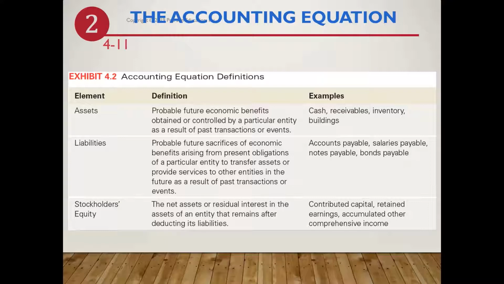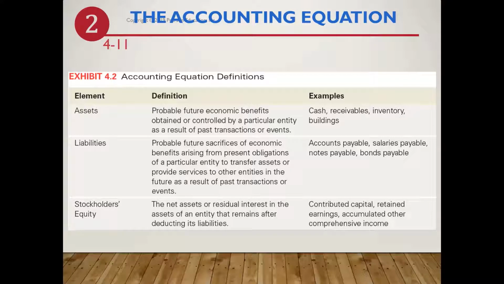Assets are probable future economic benefits obtained or controlled by a particular entity as a result of past transactions or events. Examples are cash, receivables, inventories, buildings.